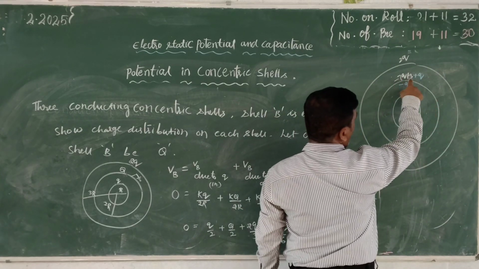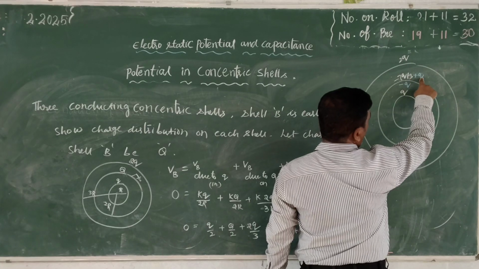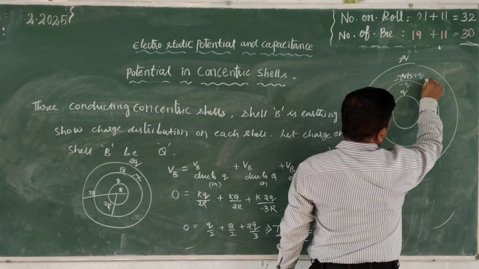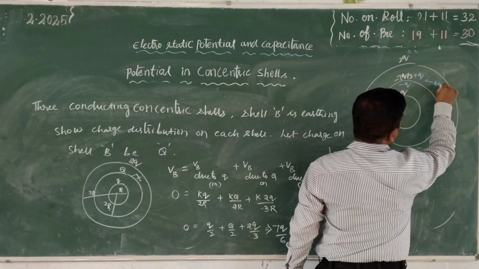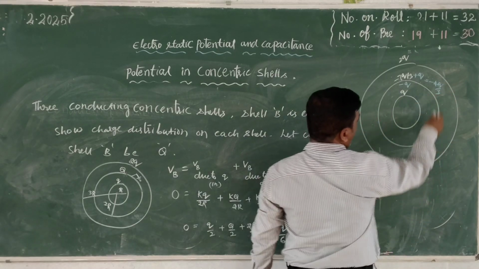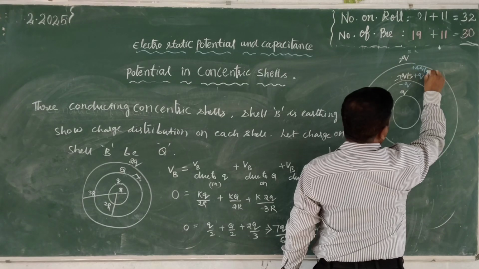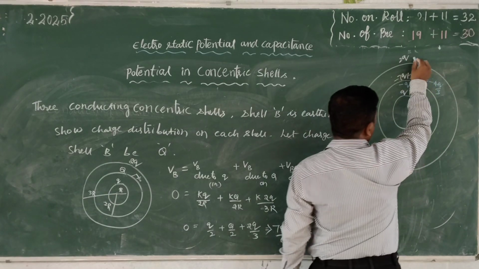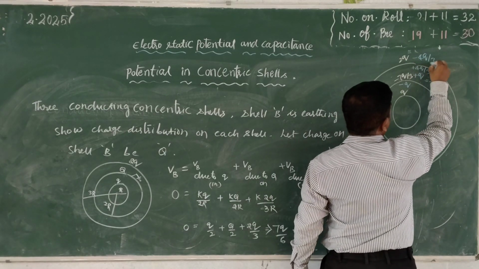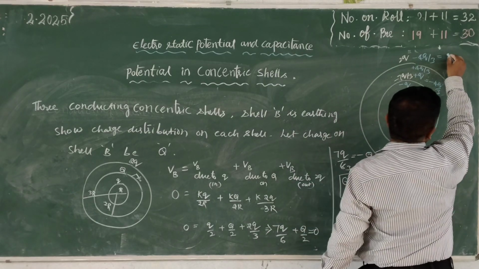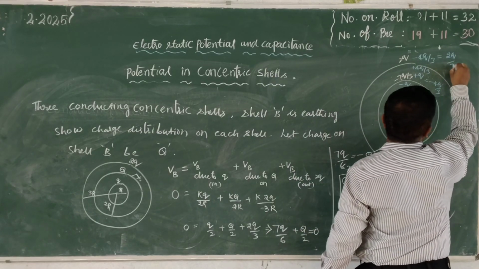So 7q by 3 plus q, that is 3q minus 7q, gives minus 4q by 3. Here minus 4q by 3 means here we add plus 4q by 3. The resultant is 6 minus 4, so 2q by 3. This is the charge distribution.